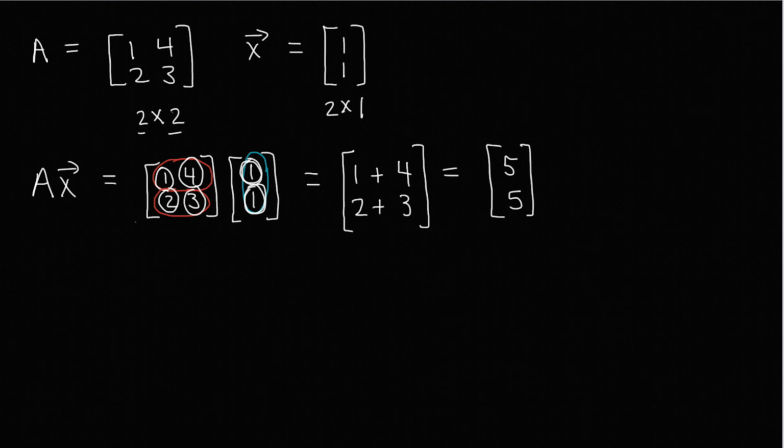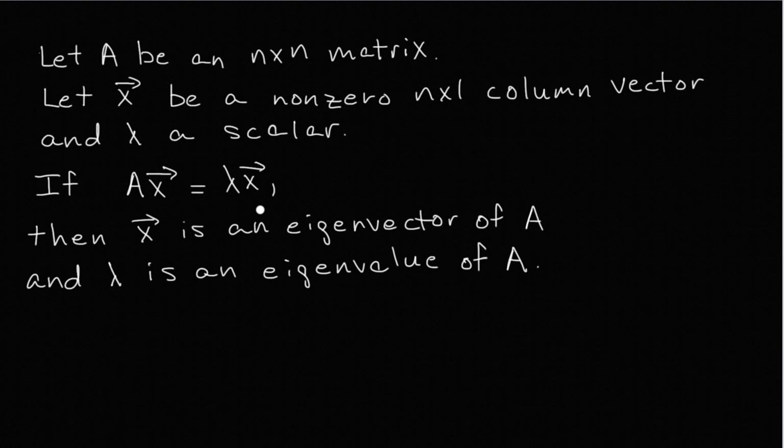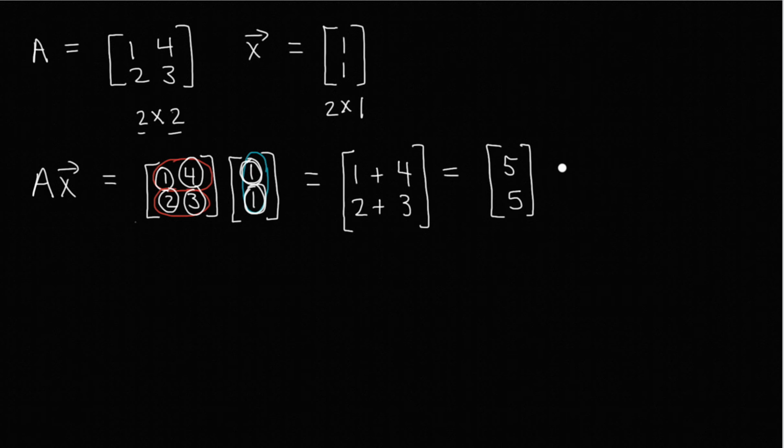Well, if we remember from our formula earlier, we know that Ax must be equal to lambda x. It has to be equal to lambda x, right? But we don't know what lambda is, so we'll just leave it as a variable for now. And we know that our x vector is going to be 1, 1 from up here. So now, if we multiply every number in this matrix by lambda, we'll get lambda and lambda.